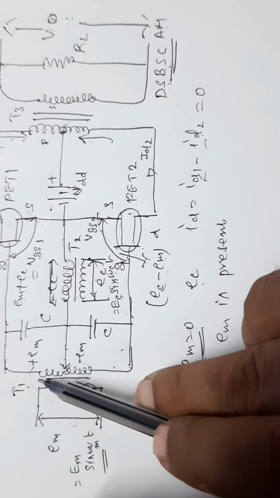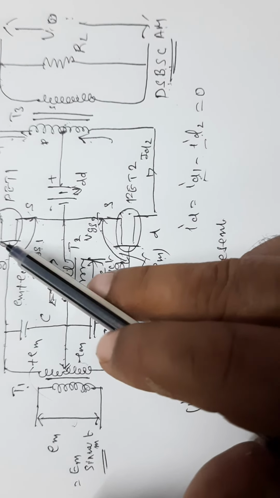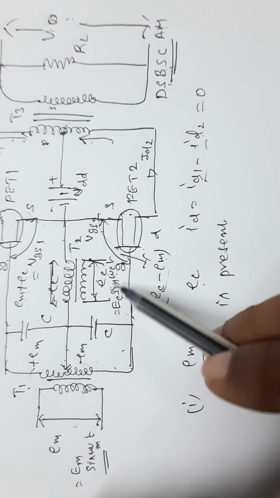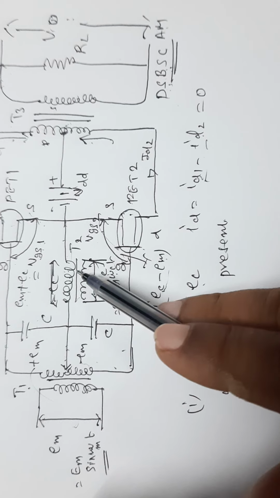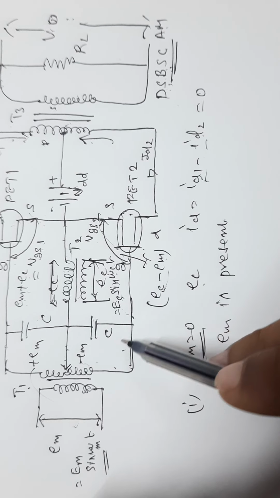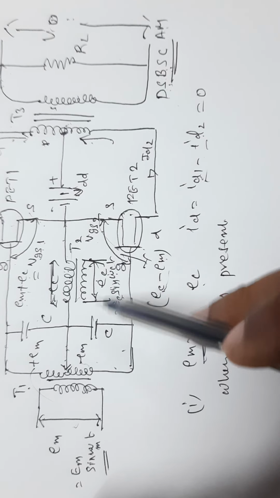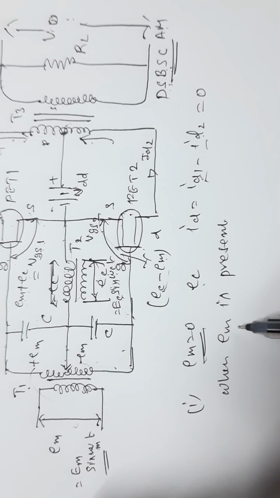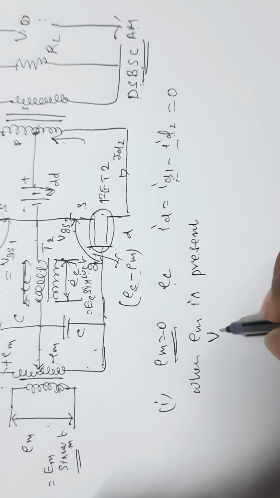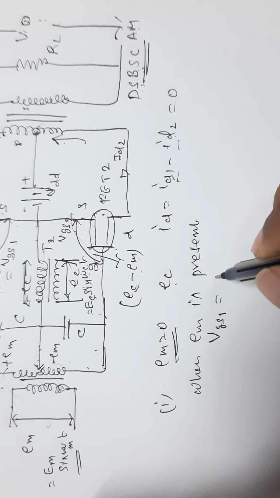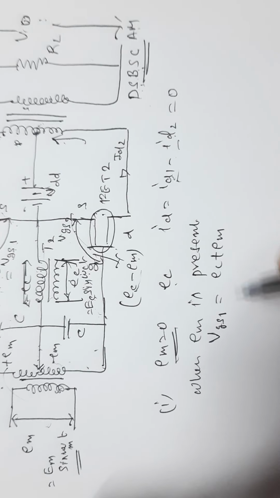Similarly, this is minus EM and this is EC, so EC minus EM is the voltage between these two, VGS2. Therefore, the gate source voltage of the first FET is EC plus EM, and the gate source voltage of the second FET is EC minus EM.